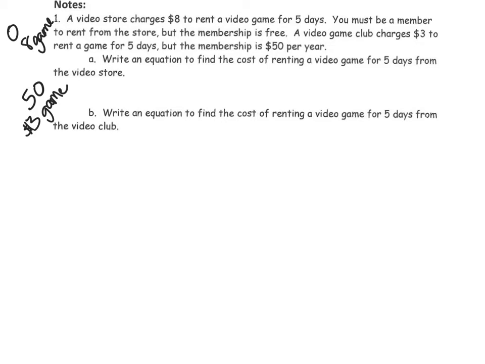Okay. Well, we haven't even identified what our x is going to be. And we can't begin to solve any problem unless we know let x equal. What are we going to have x be? It's $3 a game, and then maybe it's $8 a game. My membership fee might be $50, or my membership fee might be $0. How am I going to know what x is? Any thoughts on what x could be?